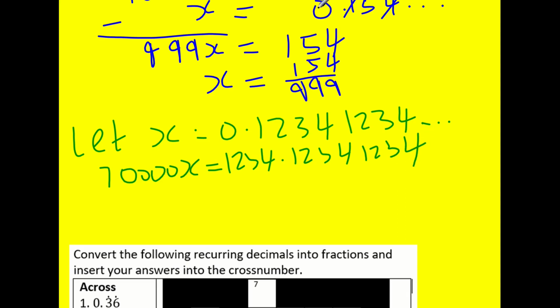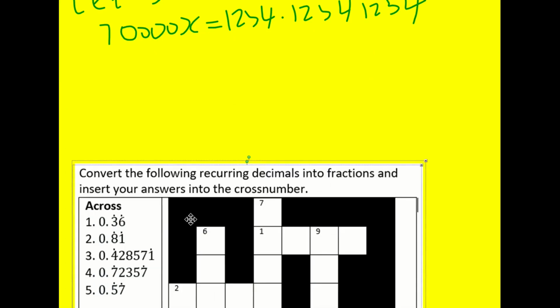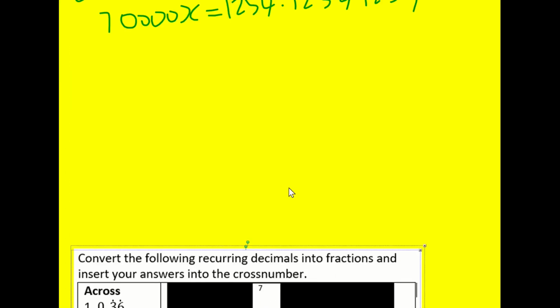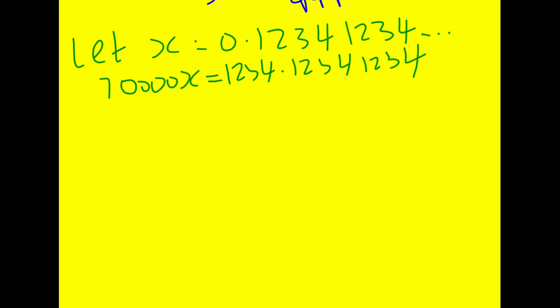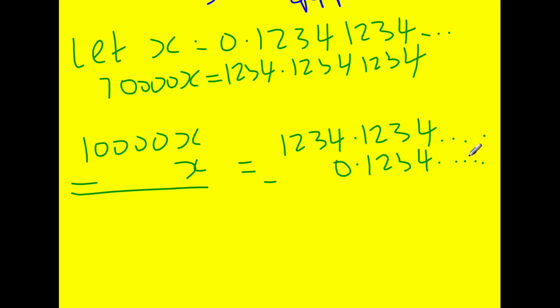We're going to subtract those. So I've got my 10,000x minus x, 1234.1234, and so on, minus 0.1234, and so on.